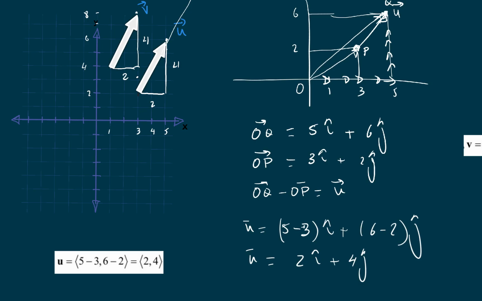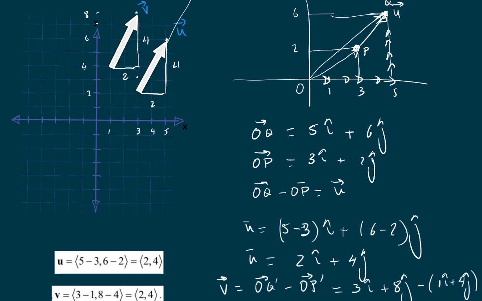We found the vector v, and we realize that they have the same components, 2, 4. So they are equivalent.